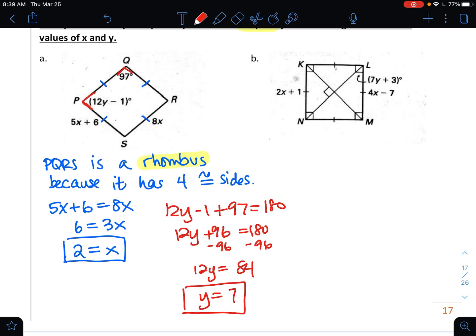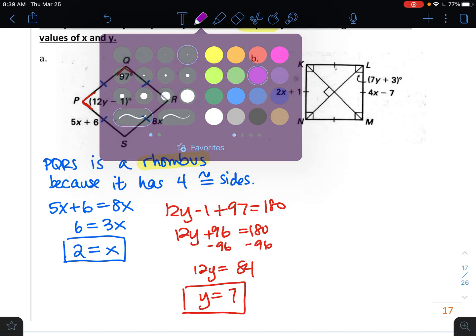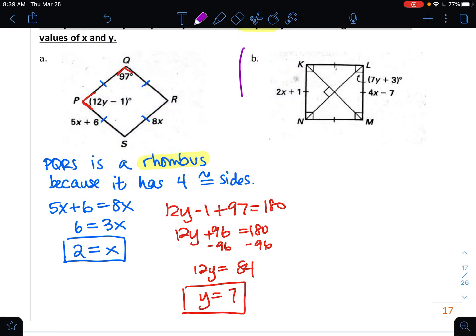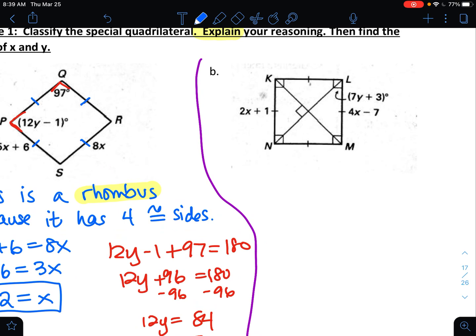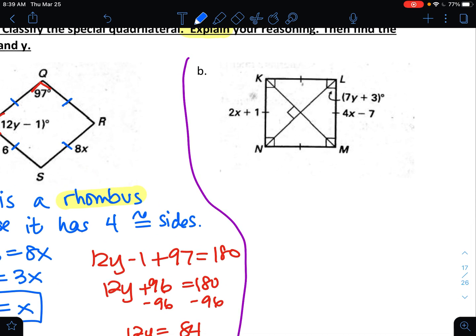All right, pause this video and I'd like you to try letter B. Okay, let's classify. I see a quadrilateral. I see that it has four equal sides, so that makes it a rhombus. I see that it has four 90-degree angles. That makes it a rectangle. Therefore, it's a square.